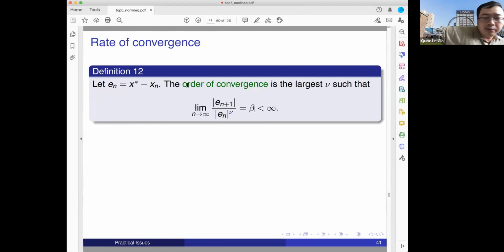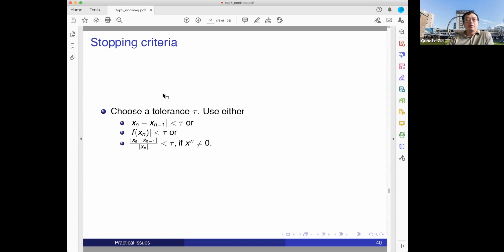So how about Newton method? What is the order of convergence of Newton method? 2, right? Just remember the theorem for Newton method.